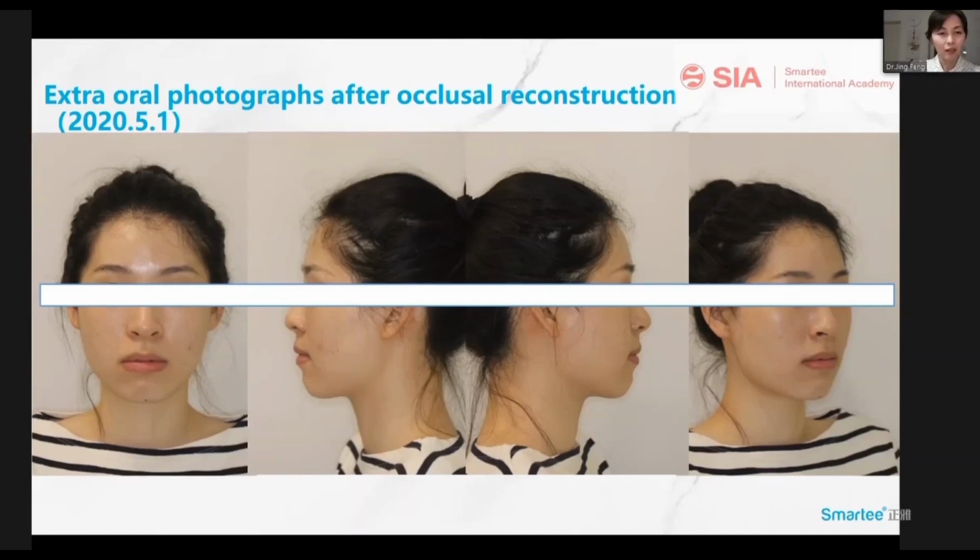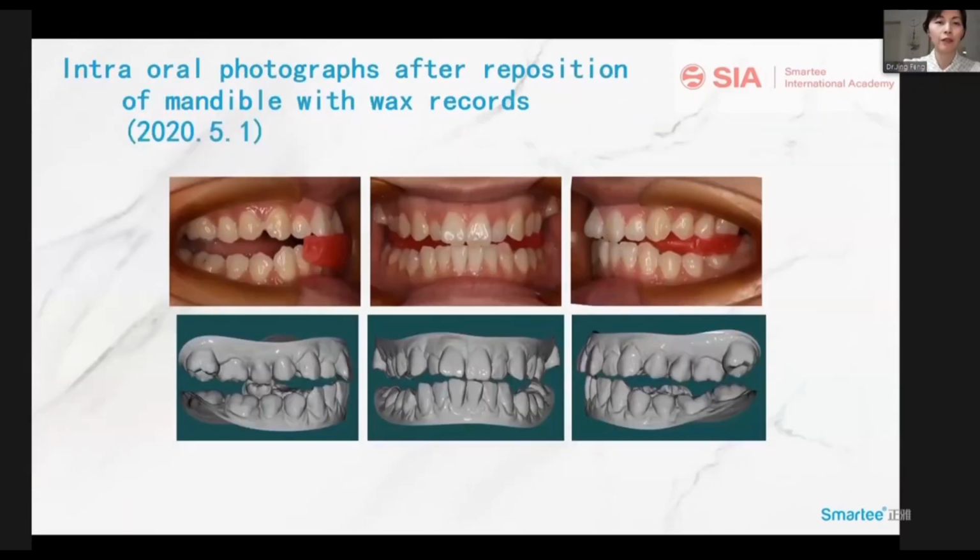Yeah, you can see it looks a little bit unnatural on her face, but don't worry, it will disappear within 3 months at most. And tell your patient to get used to it, to wear it 24/7. It will get better and better. Yeah, these are intraoral photographs after repositioning of the mandible with wax records in her mouth.